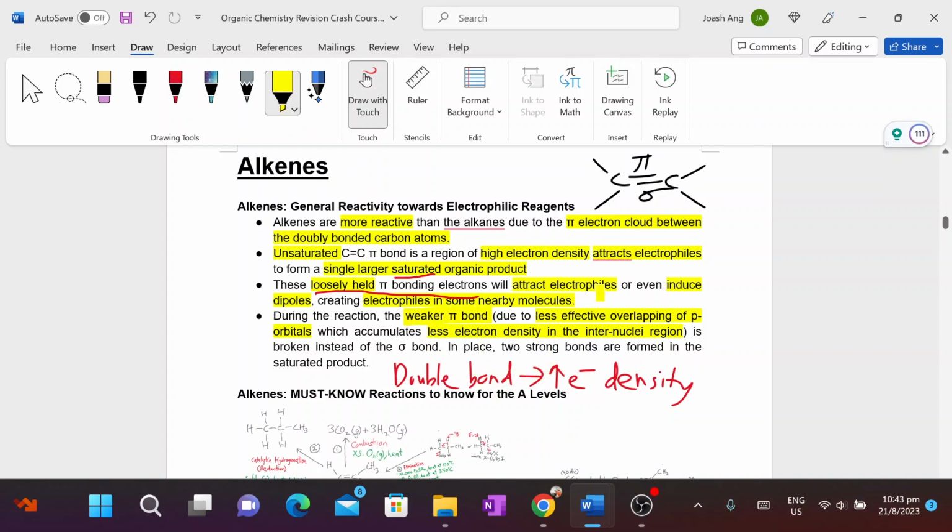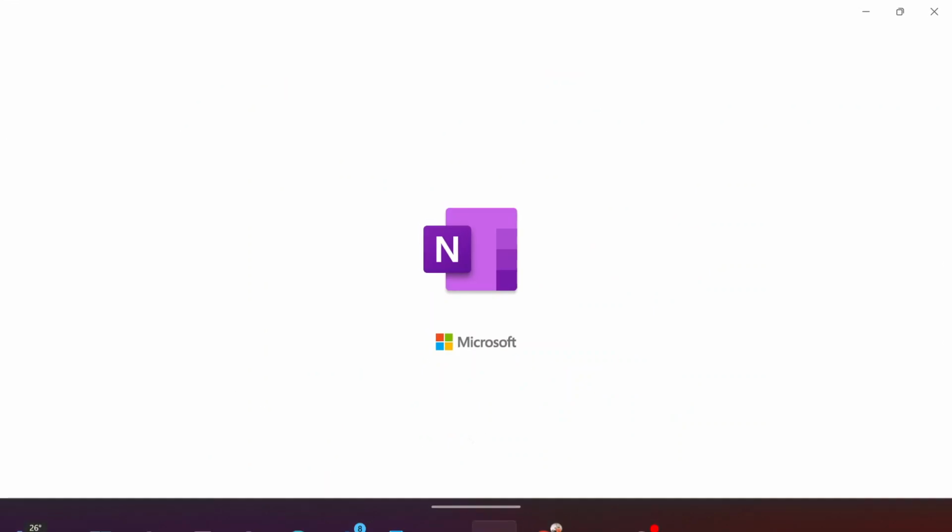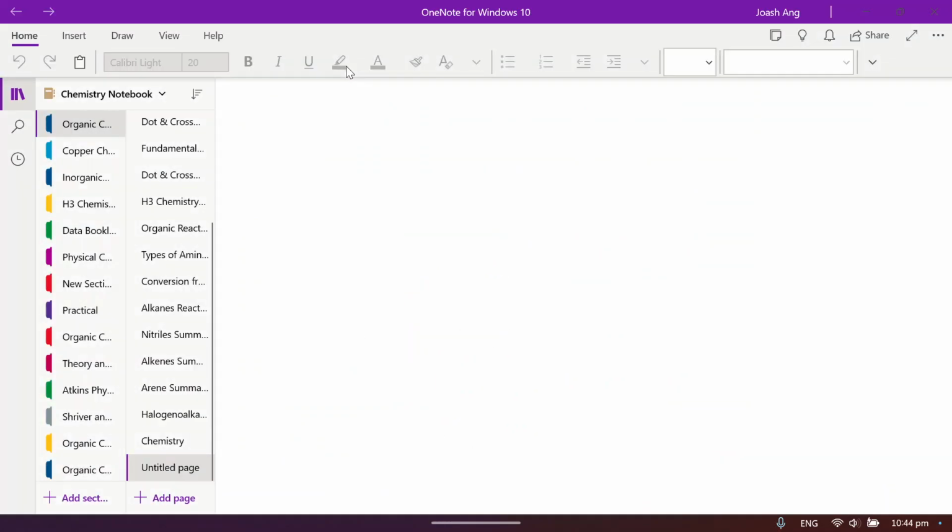Alright, and the weak pi bond is because of the less effective overlapping of p orbitals. Because as you can see right here, if you draw out the orbital diagram for ethene, I'll use OneNote to draw for this.